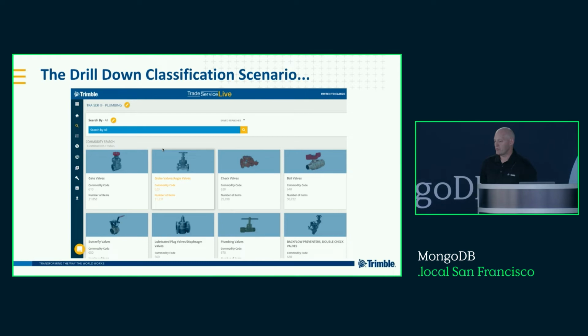From these options, the valves commodity was selected. So this level shows the different valve types available. Now selecting ball valves, for example, will then provide the user the ability to search all the different ball valve components.